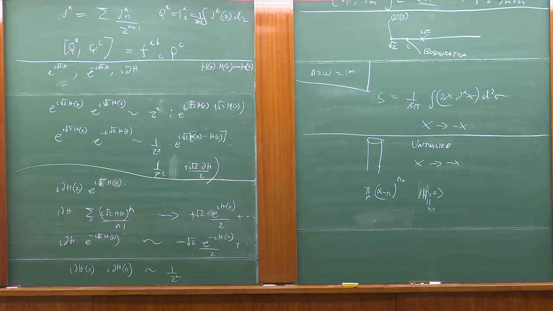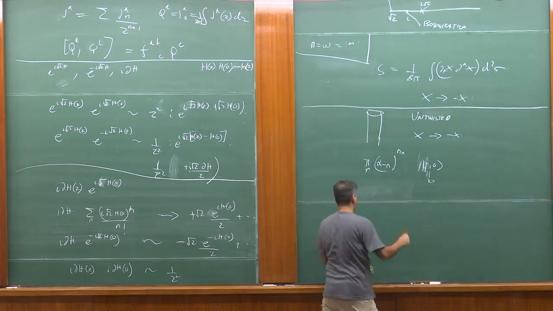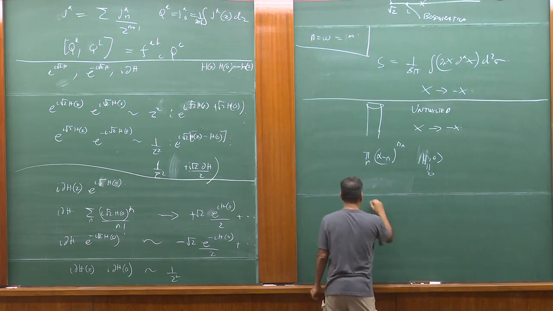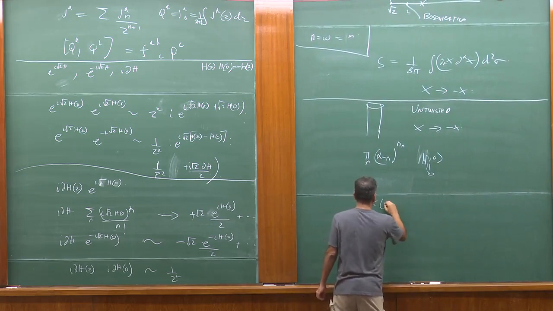So does the role of creation and annihilation operator change under x going to minus x? No. The creation annihilation operators go like this, right? So suppose we have x of sigma and tau.